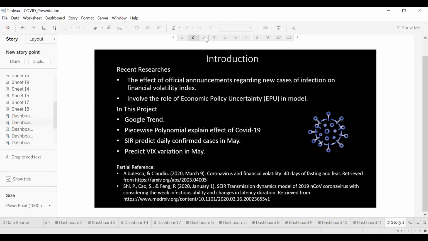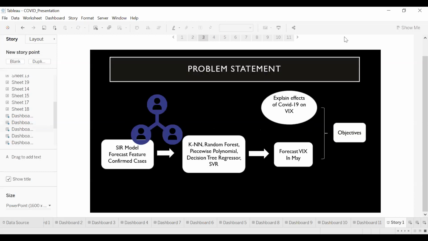So the purpose of the project is to explain the effect of COVID-19 on the volatility index and to predict the variation of VIX in May.